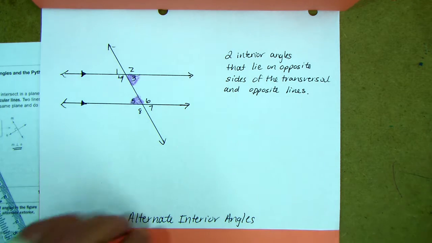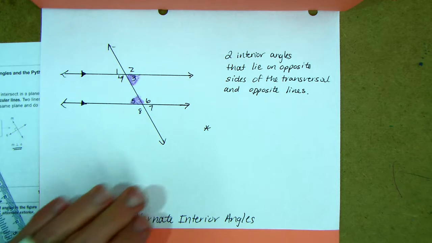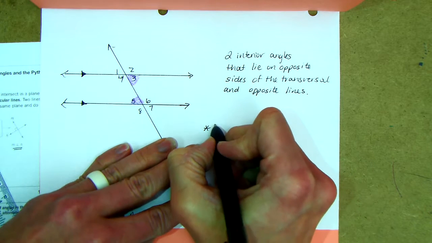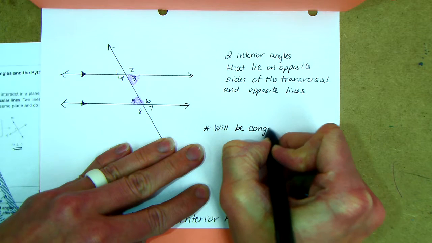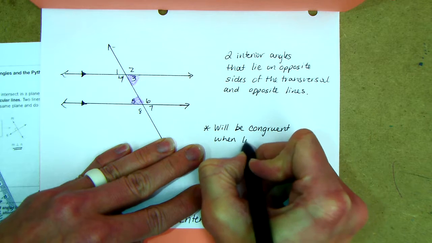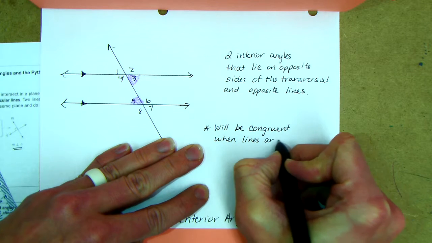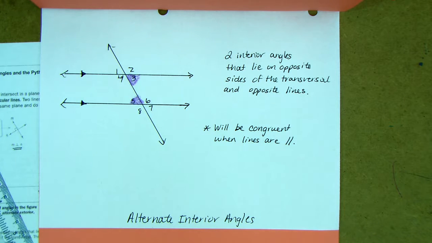And what's important to remember about this is as long as the lines are parallel, they will be congruent. When lines are parallel, the angles are equal to one another.